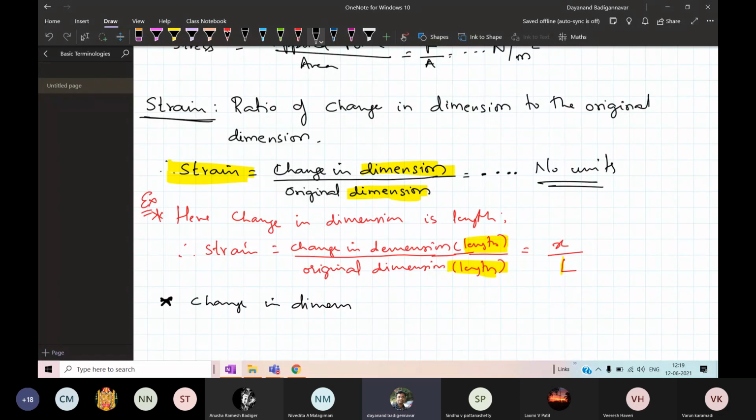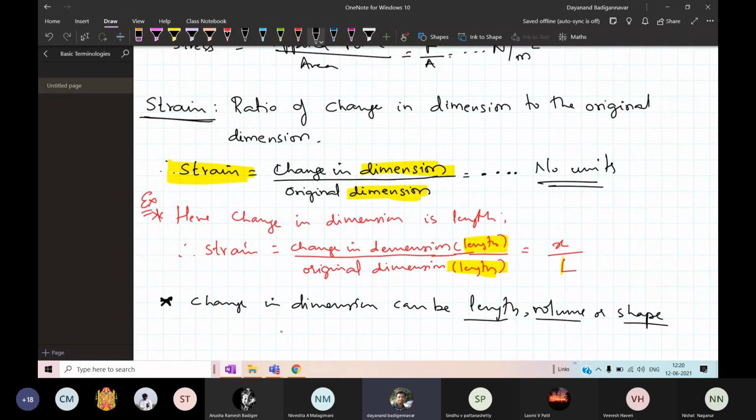The dimensions can be length, the volume of the object can change, or the shape. You are getting the point. Length may change, volume may change, shape may change.